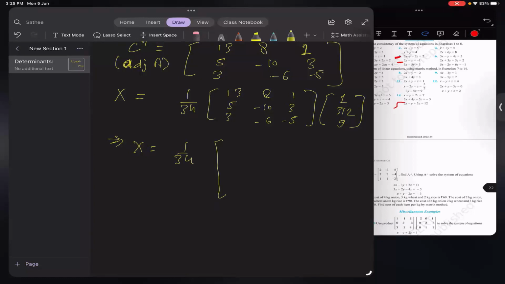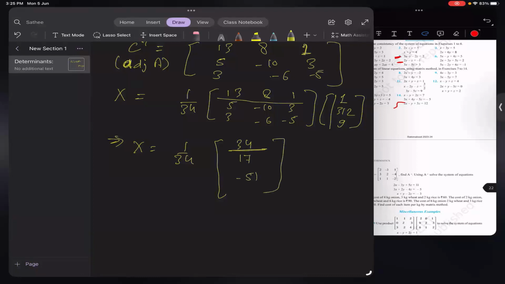We already know how the multiplication is performed: this row will be multiplied by this column to give this entry. So this would be 13 plus 3 by 2 into 8 plus 9. This would be 34, this would be 17, and this would be minus 51.